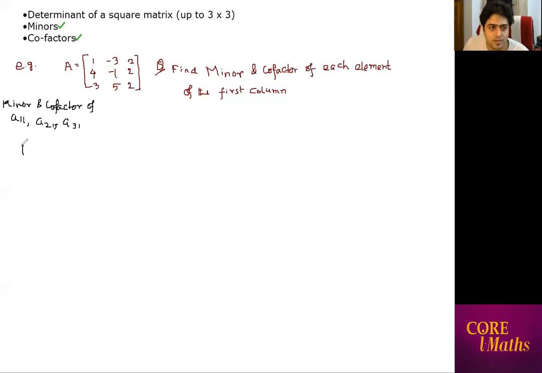So first find M11, because the minor of A11 is M11. So M11 belongs to first row and first column.